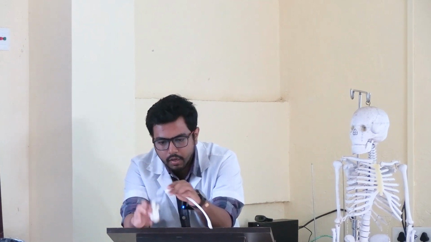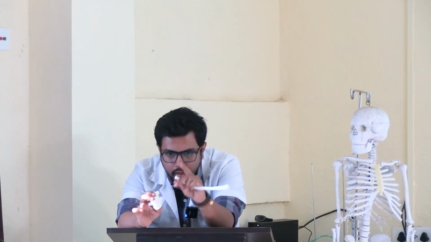So if this is 7 and this is 7, this lower larger one will articulate with the vertebra like this, and the upper smaller facet will articulate with the vertebra above that. Okay, got that?